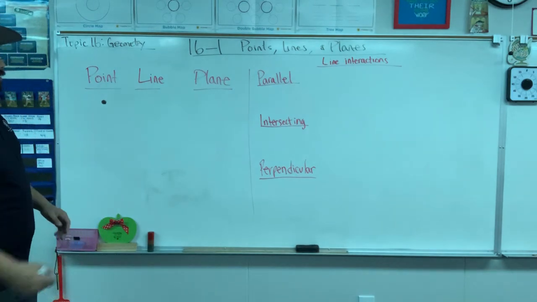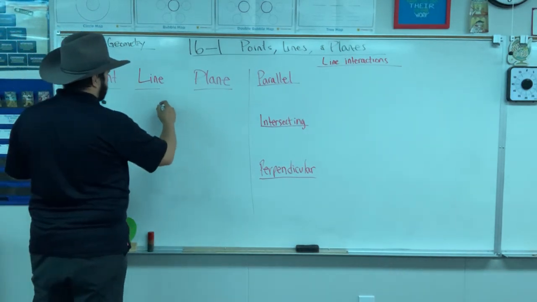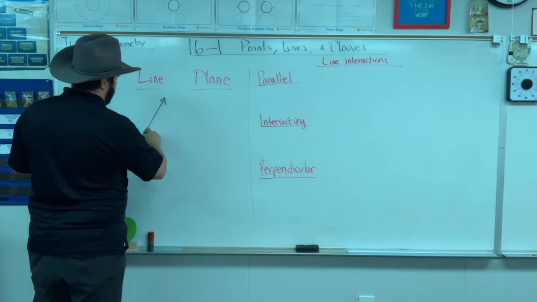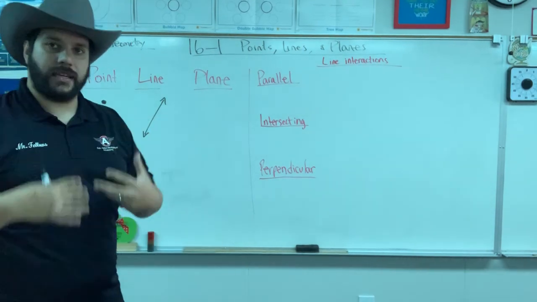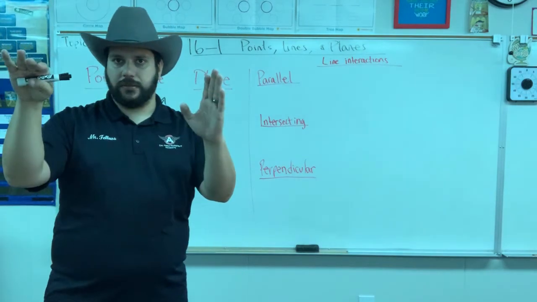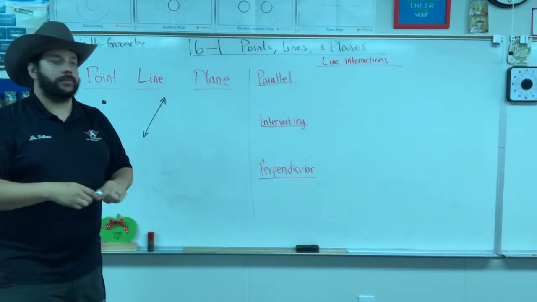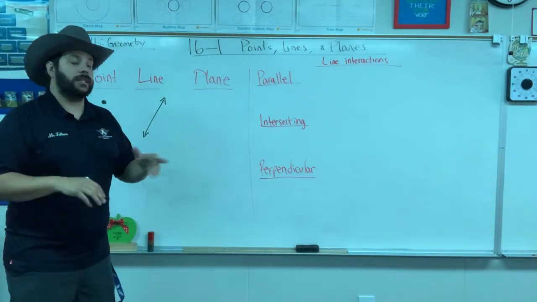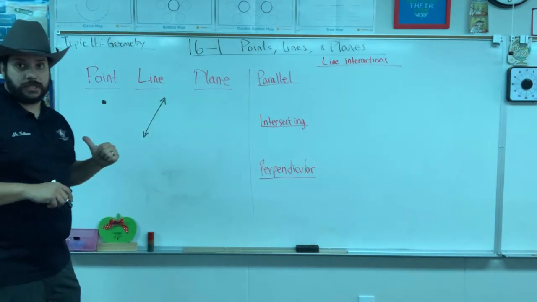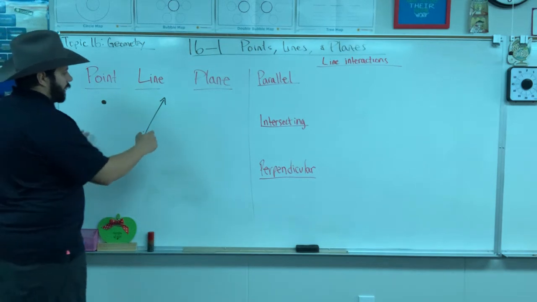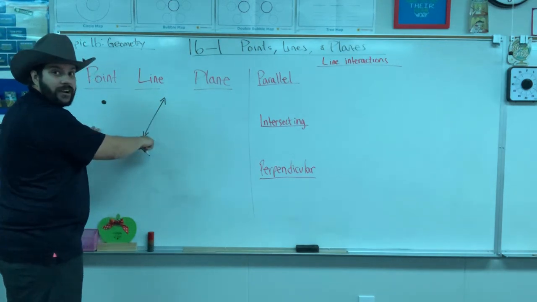The next of which is a line. Typically when we think of a line, we think of a little straight section. But by definition, a line goes on infinitely in both directions, meaning it never ends. And that's represented by the arrows.